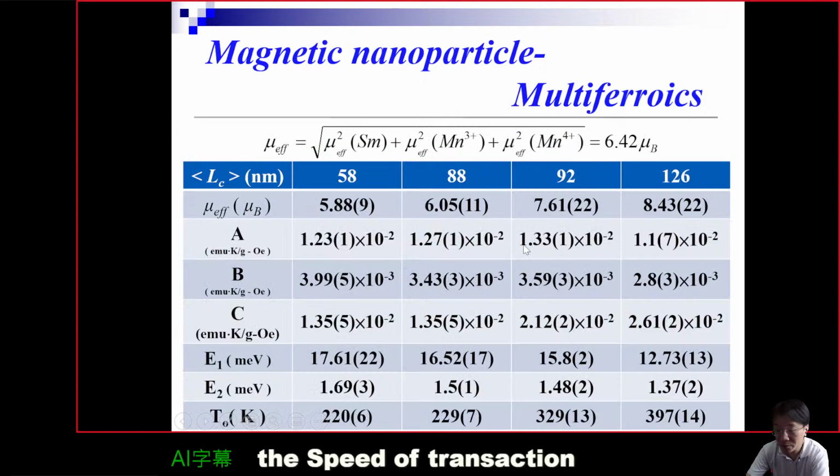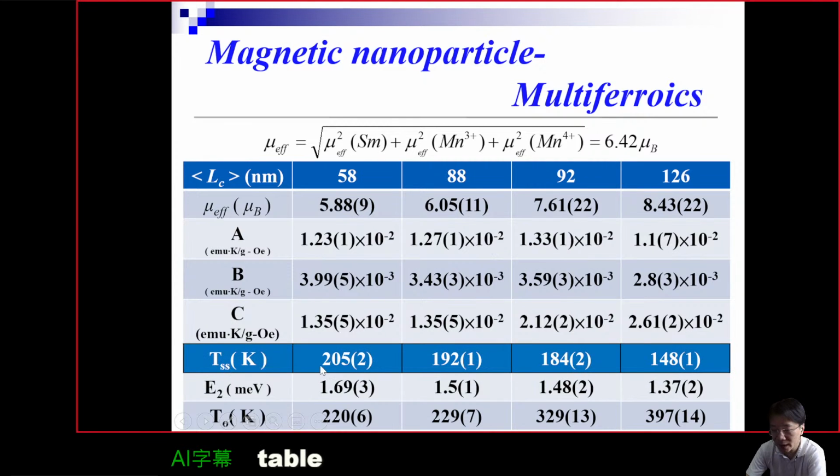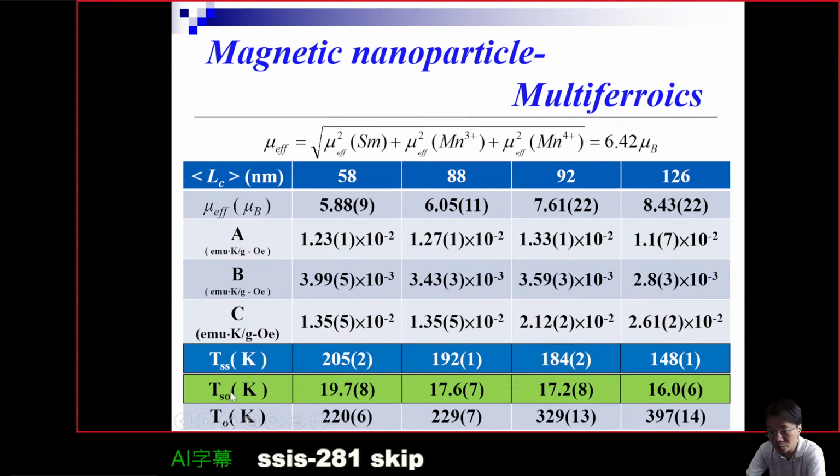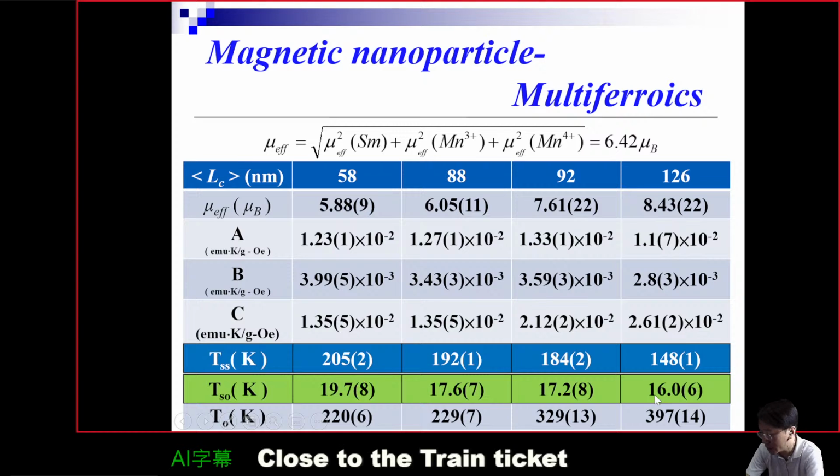Shown here is the table of the results. You don't need to remember that. There are just 2 things I can tell you. That is, we fit the spin-spin interaction to be about 200K to 150K, and the spin-orbital interaction is very low, probably close to 20K to 60K.